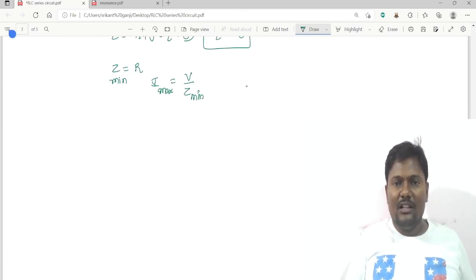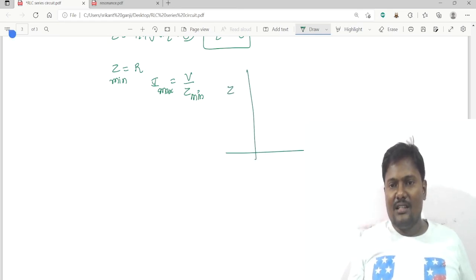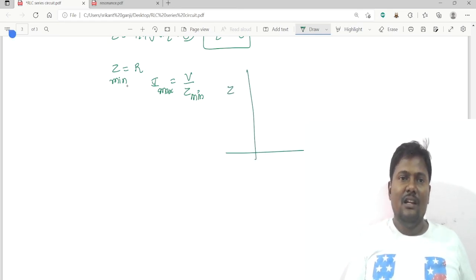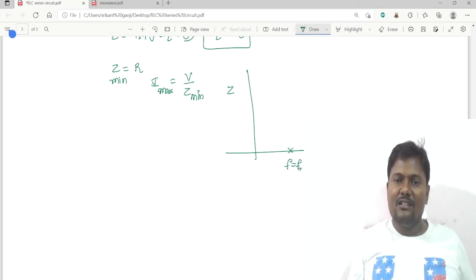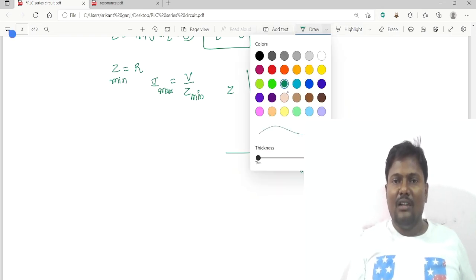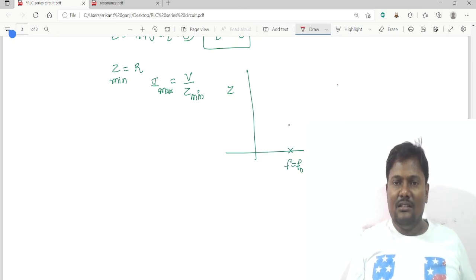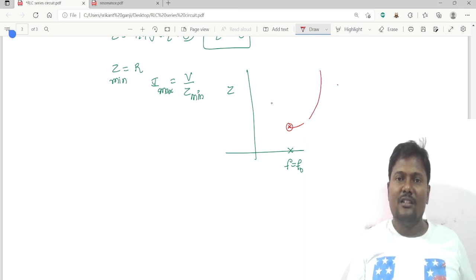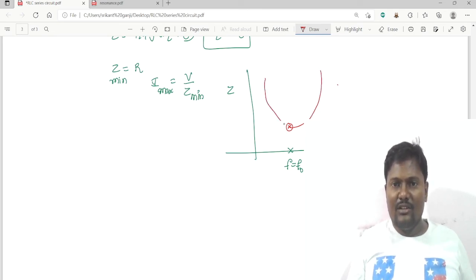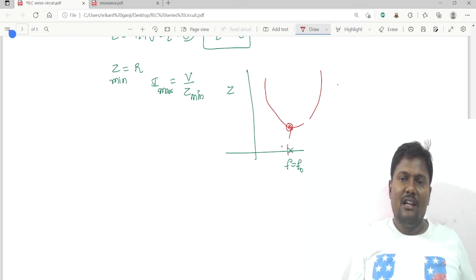If you want to draw the curve of impedance versus frequency, at the resonant frequency F is equal to FR, which is F naught, the impedance value is minimum. After that, as frequency increases, the Z magnitude also increases. Before that, at lower frequencies, XC is greater than XL.